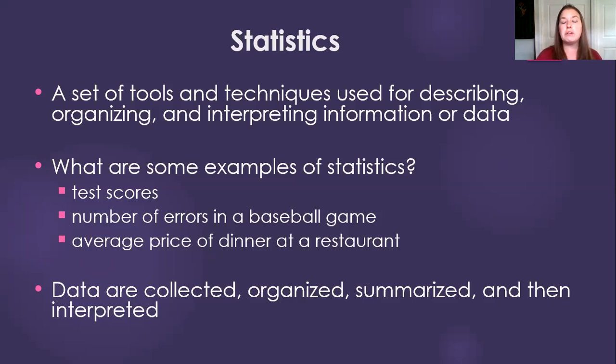If you're looking up a restaurant on Google and it shows the little dollar signs next to the restaurant name, some restaurants have a $1 sign, meaning it's really cheap. Others have $4 or $5 signs, meaning it's really expensive. That's an example of a statistic, right? We're using some type of technique to summarize information about a phenomenon.